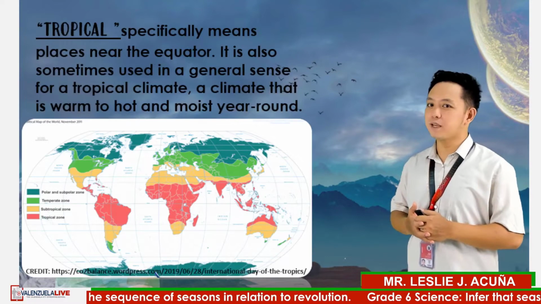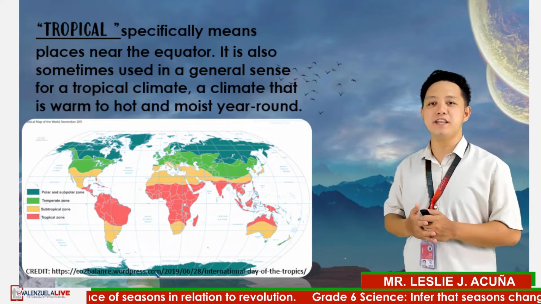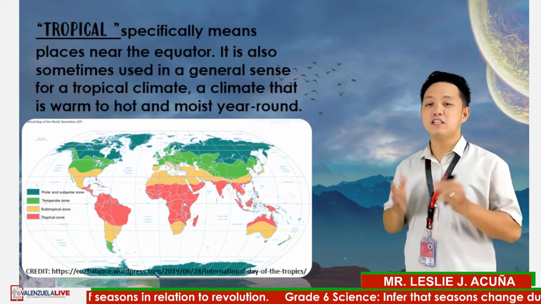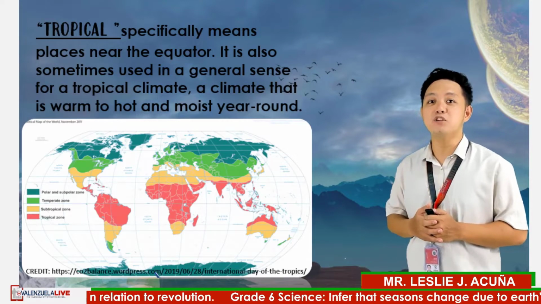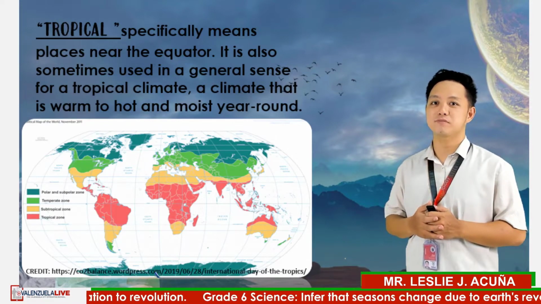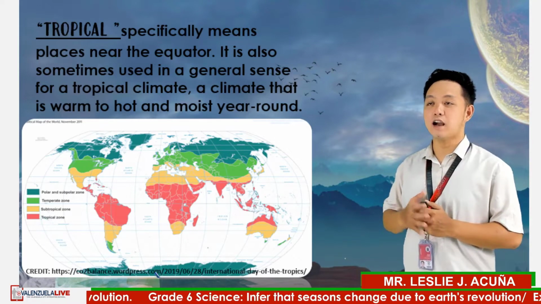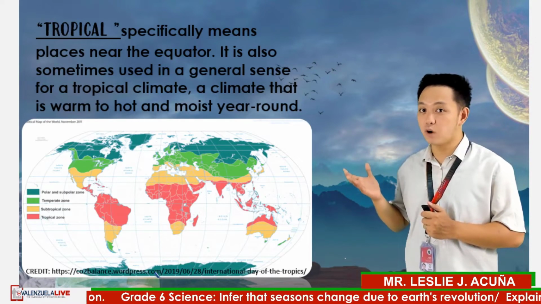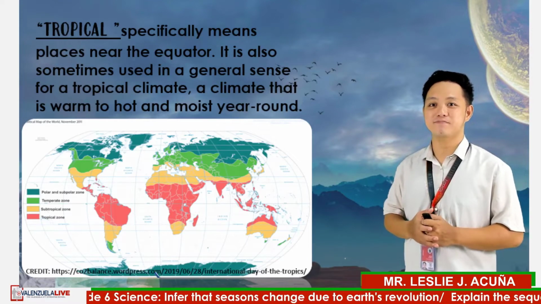The word tropical specifically means places near the equator. It is also sometimes used in a general sense for a tropical climate, a climate that is warm to hot and moist year round.